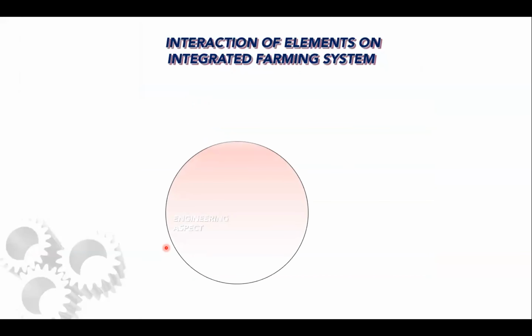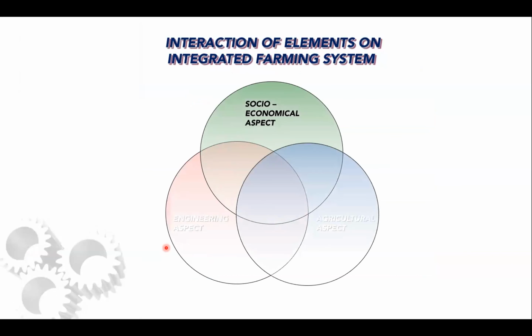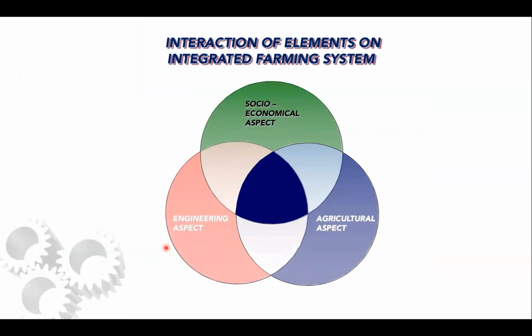Okay. So the concept of the integrated farming system has three aspects: the socioeconomic aspect, socioculture and economic aspects, first. Second, of course, the agricultural and environment aspect, and the third is the engineering aspect, because from engineering we can develop the technology.